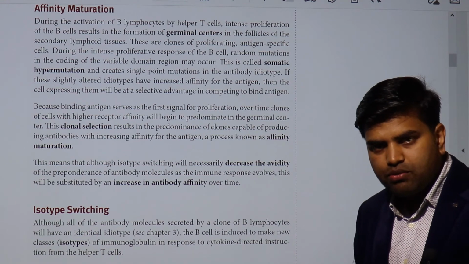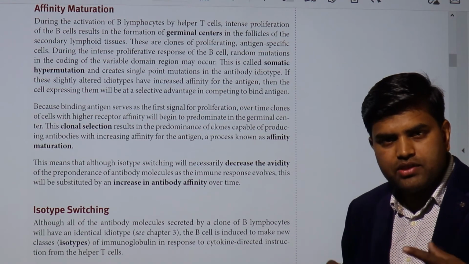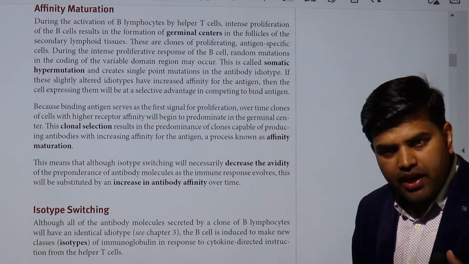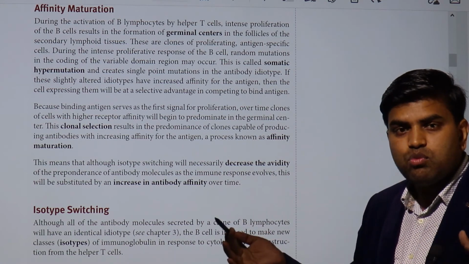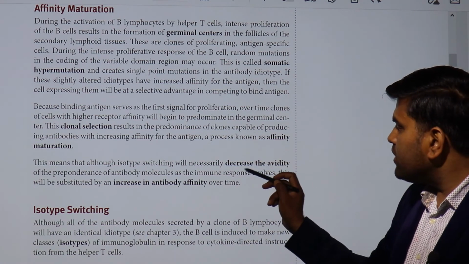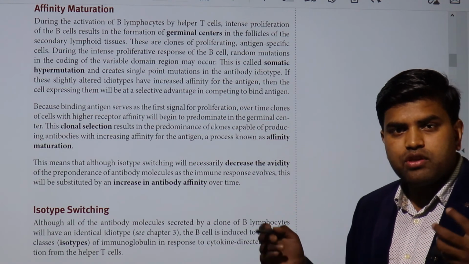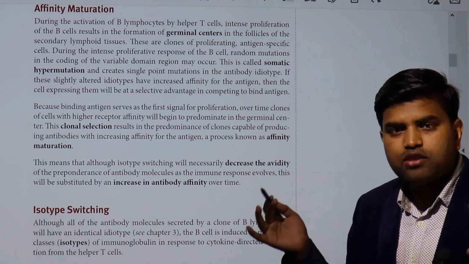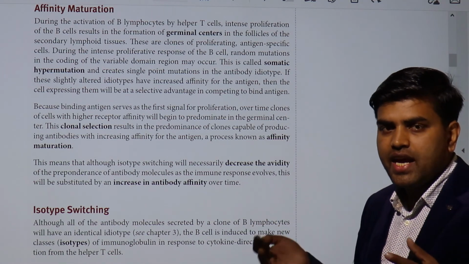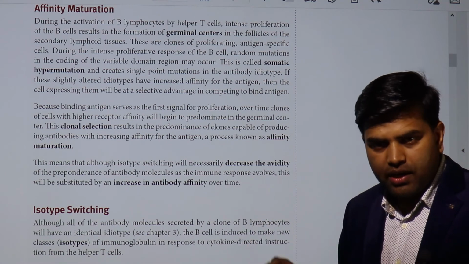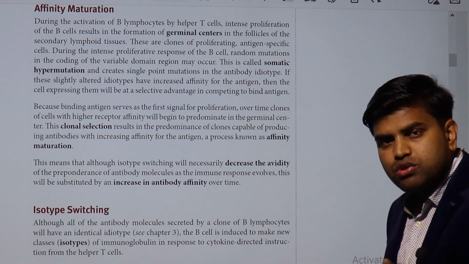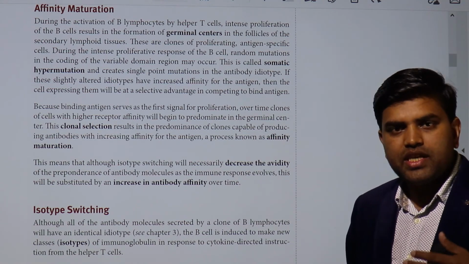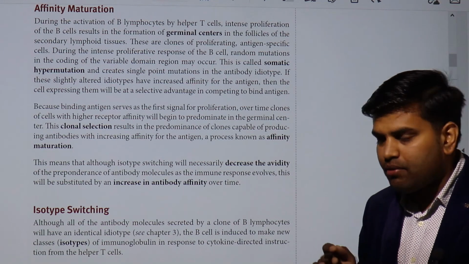There is another concept as well. Since immunoglobulin M is pentavalent, it can bind many antigens, so it has more avidity. Avidity means the total antigen binding capacity. So obviously immunoglobulin M has more in comparison to immunoglobulin G and E, because immunoglobulin M is pentavalent. But once class switching occurs, this will convert into immunoglobulin G and A that have less avidity.